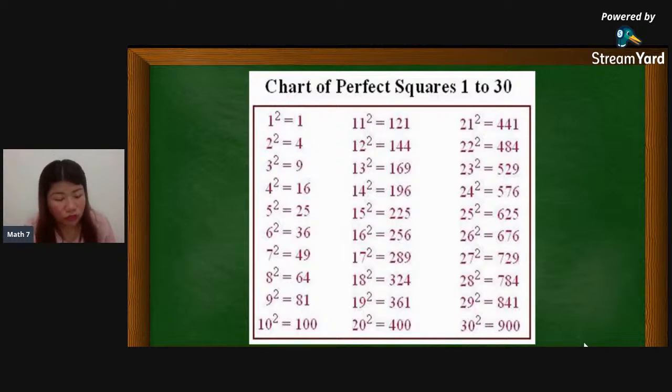Sinend ko na sa inyong GC. Proceed na tayo, ha?